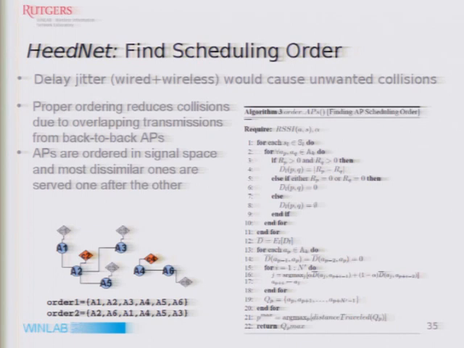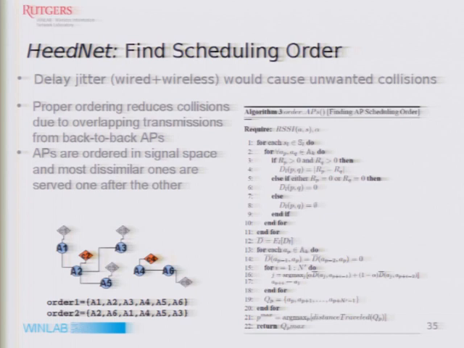For example, if you schedule these access points randomly, like A1, A2, A3, A4, A5, A6, versus scheduling A1 and then the one that doesn't look like A1 at all in terms of the observations, and then picking another one that doesn't look like this one at all, based on the signal space distance that you have from these observers, then you get a schedule where you schedule the access points that won't hurt their clients too much.